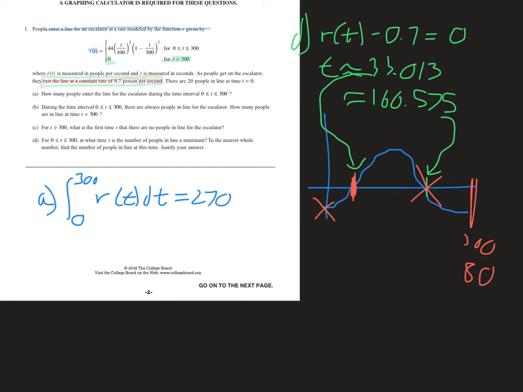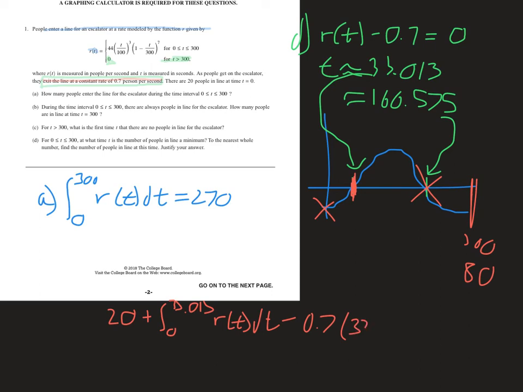And the process that we did in part B was we started with 20. Then we added the definite integral from 0 to wherever I wanted to figure it out, 33.013, of r of t, then minus 0.7 times that same time value.